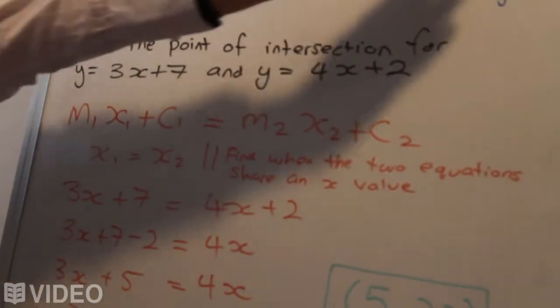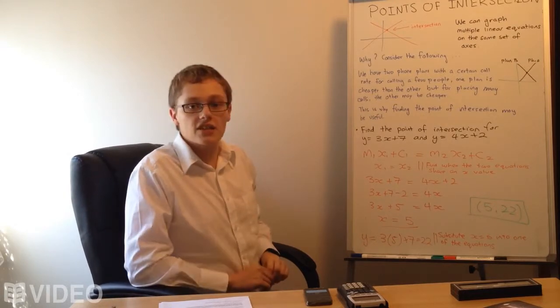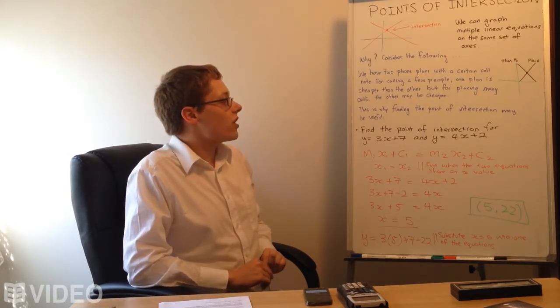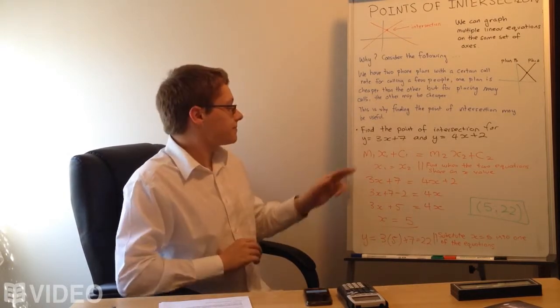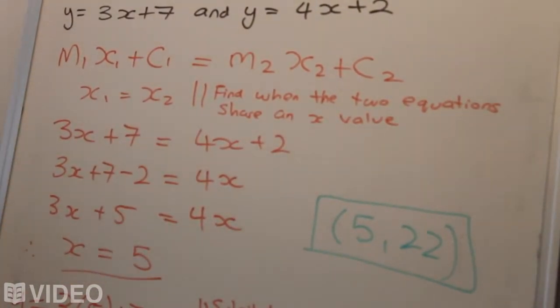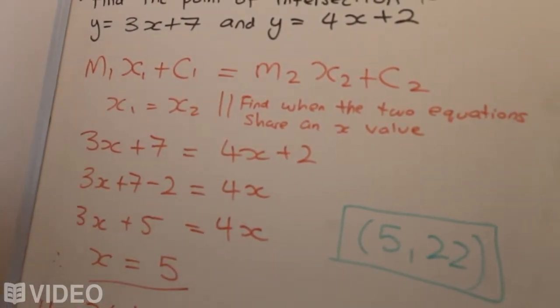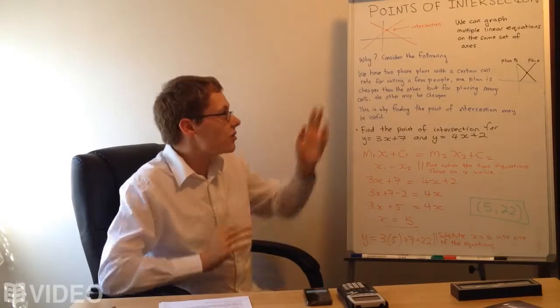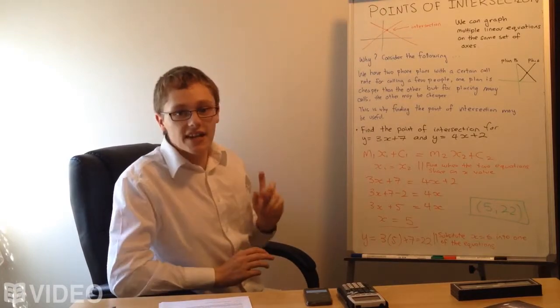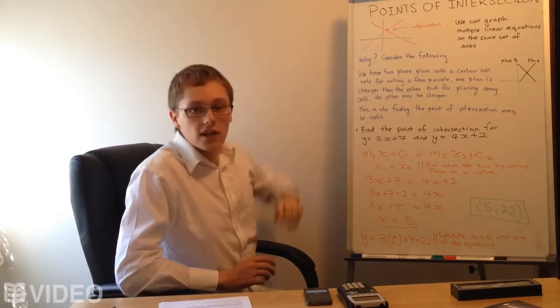We're just imagining two lines plotted on a set of Cartesian axes, and we want to work out where they cross. What we essentially do is set the two equations equal to each other, and then isolate for a common x value. Because if the two functions are intersecting at some point, then they're going to share a common x value.